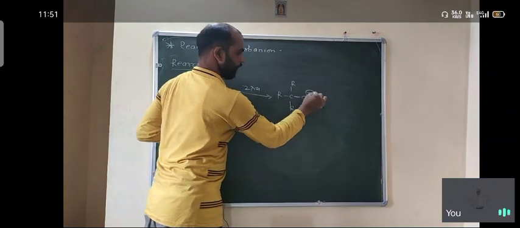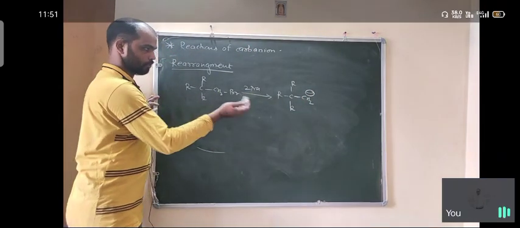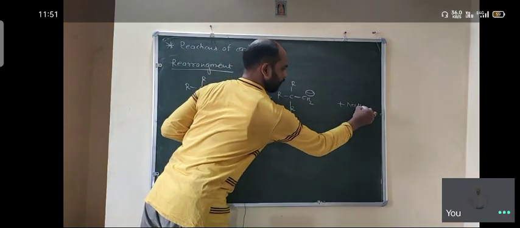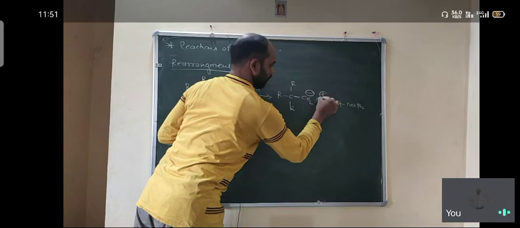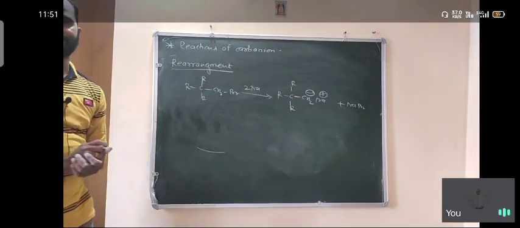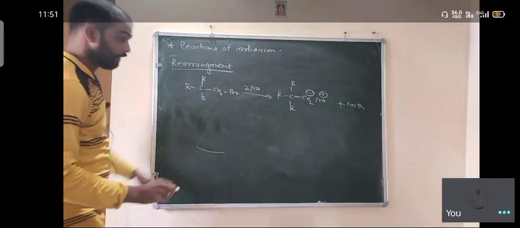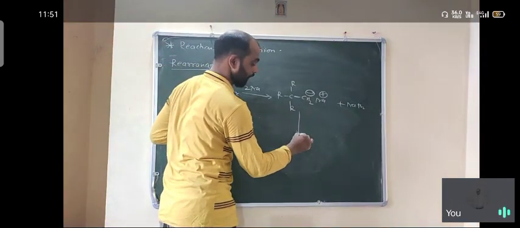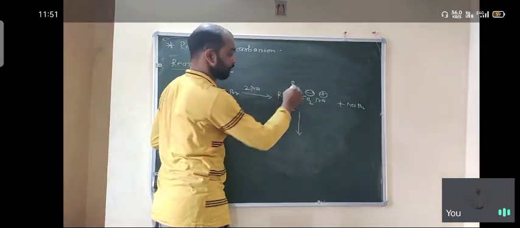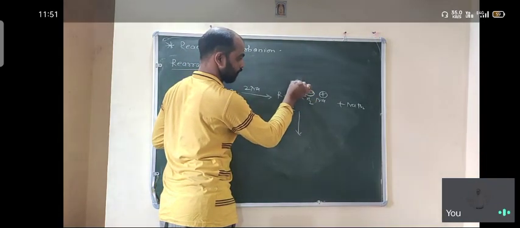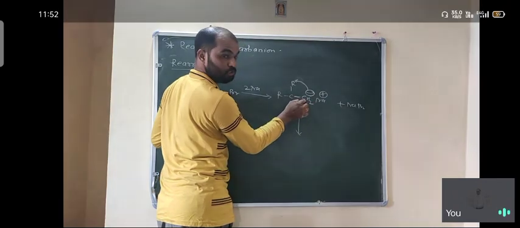When sodium removes the Br, NaBr is formed, and here is the formation of a carbanion. But this carbanion itself undergoes rearrangement, meaning this substituent is shifted to this position.